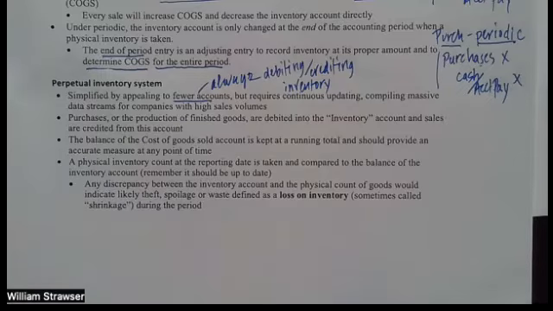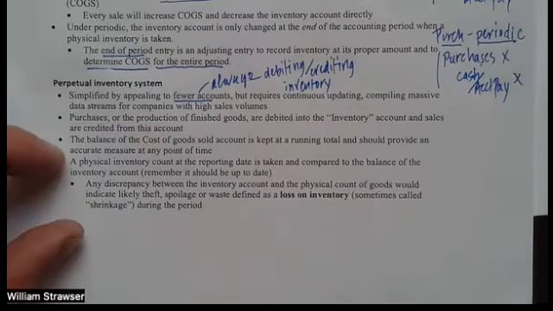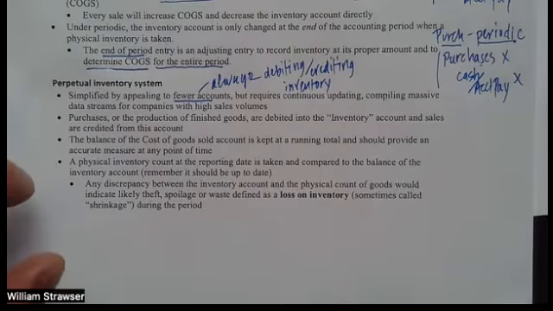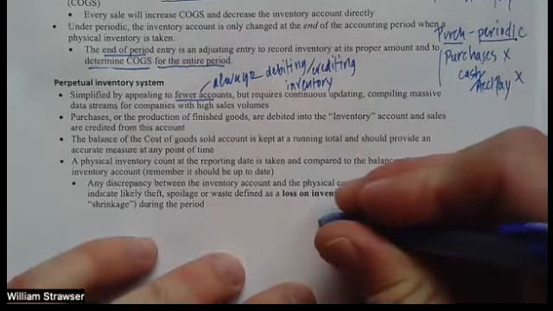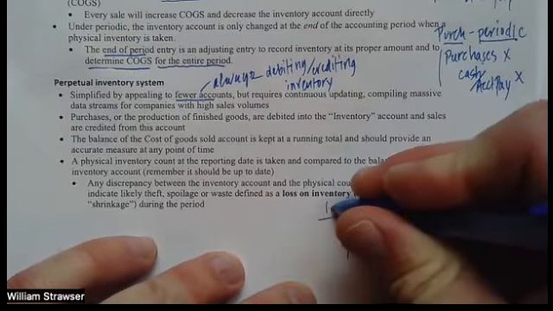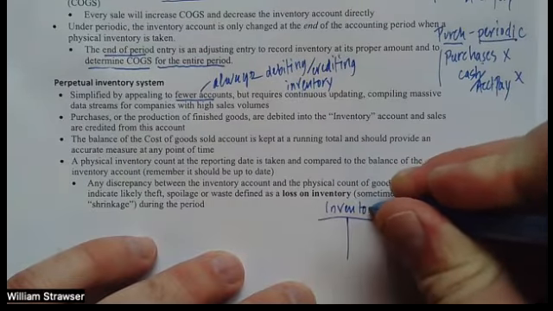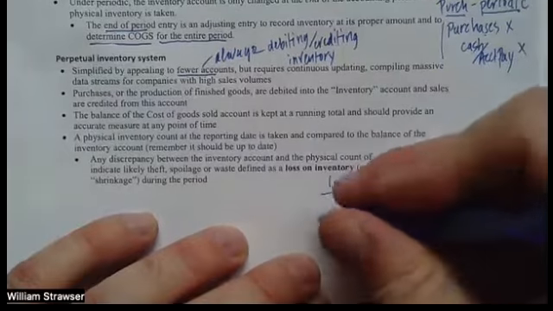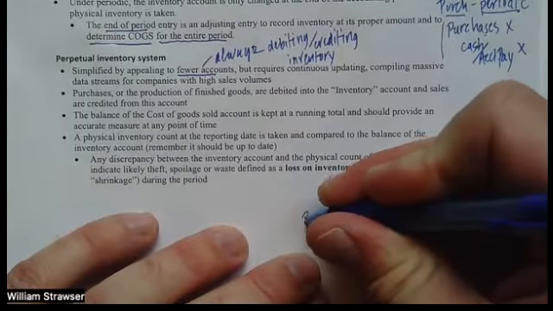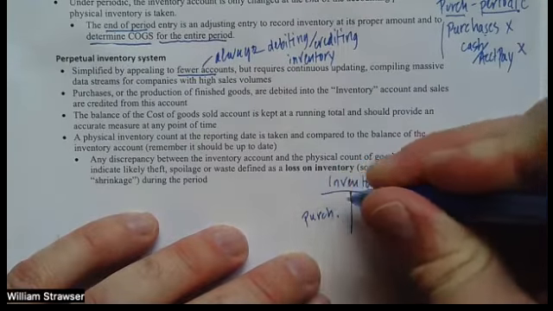And the final advantage is at any point in time when I want to, I can take a physical inventory, and this tends to be done only at a reporting date. And the idea is, if I have this inventory account and I've been continuously updating the account, I have all of my purchases flowing into this side.